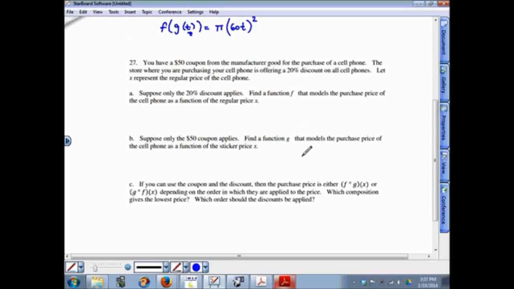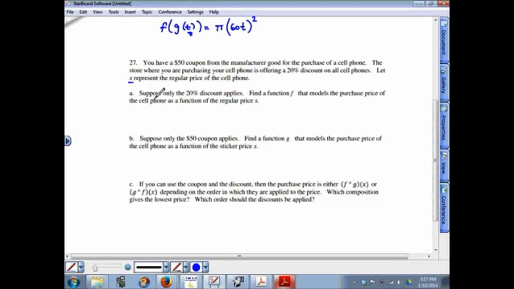Okay, 27. A $50 off coupon, and then there's also a 20% discount. And x is representing the normal price of the cell phone.